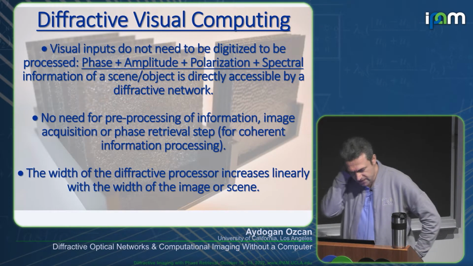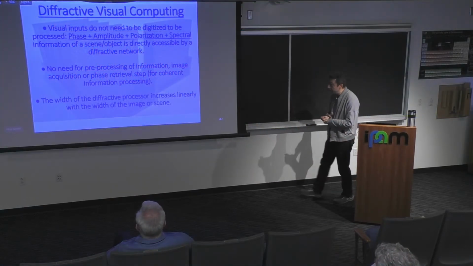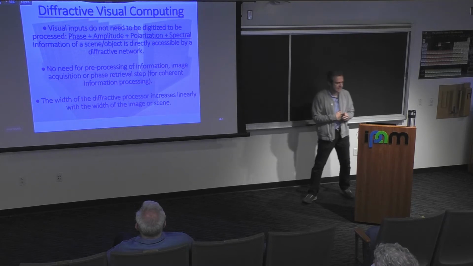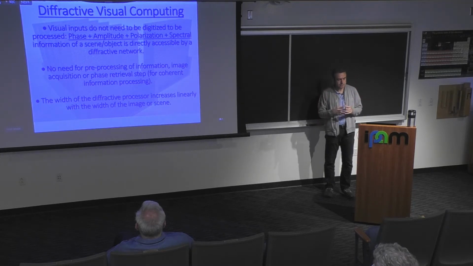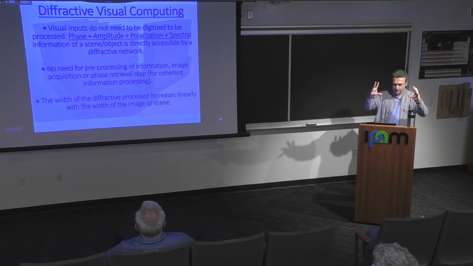So after this brief intro, one of the, I think, most exciting aspects, in my opinion, about diffractive computing is diffractive visual computing, meaning that an input scene, think of a camera, already has the phase information, the amplitude information, the polarization information, the spectrum information right in front of you.